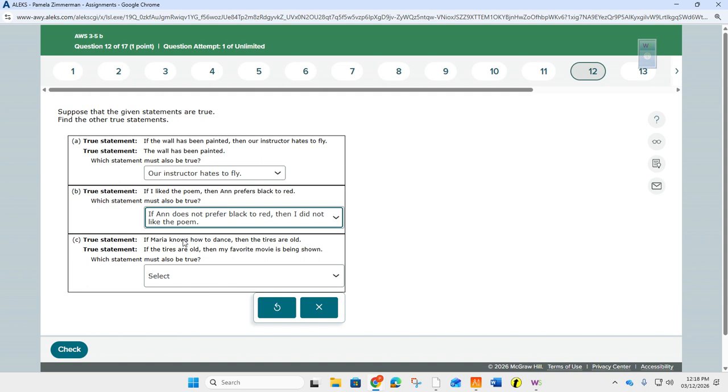Remember we said if this is equal to this, and this is equal to this, then the first one's got to be equal to the third one, that transitive property. That's basically the same thing. If Maria knows how to dance, then the tires are old. If the tires are old, then my favorite movie is being shown. So the only true statement we could say for sure is if Maria knows how to dance, then my favorite movie is being shown. Does that make sense?